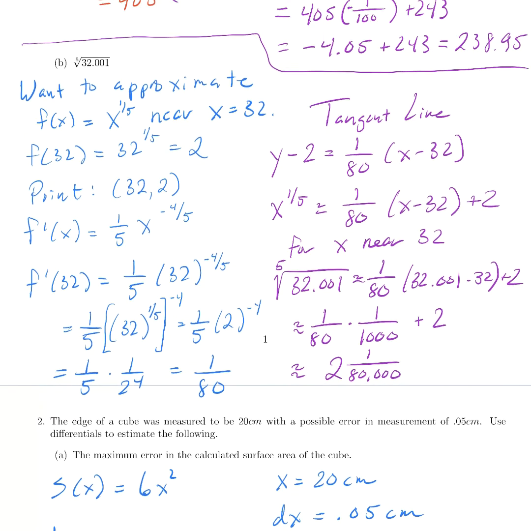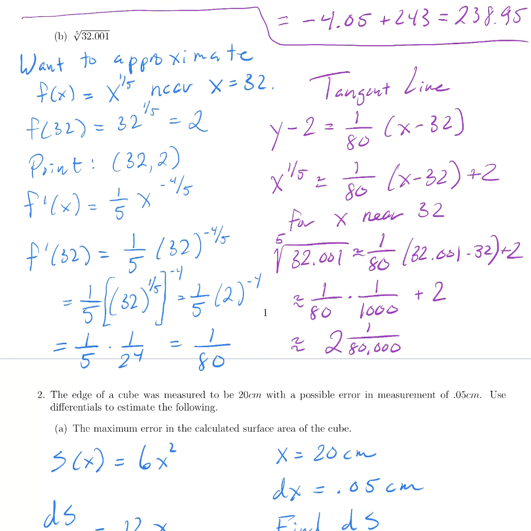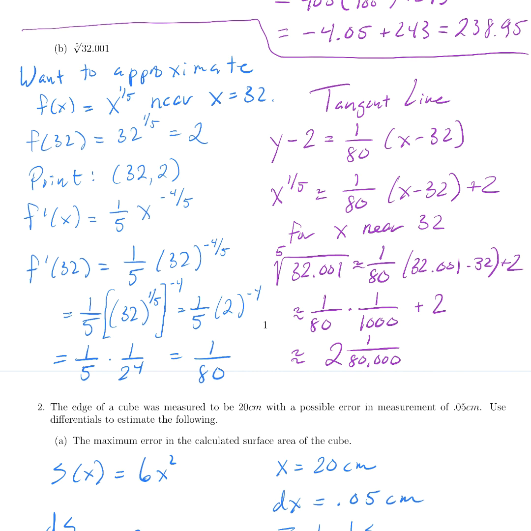So there's an approximation for 32.001, sorry, to the 1/5 power, using the tangent line to x to the 1/5 at x equals 32, and evaluating that tangent line at 32.001 as a reasonable and really good to multiple decimal places approximation of that fifth root.